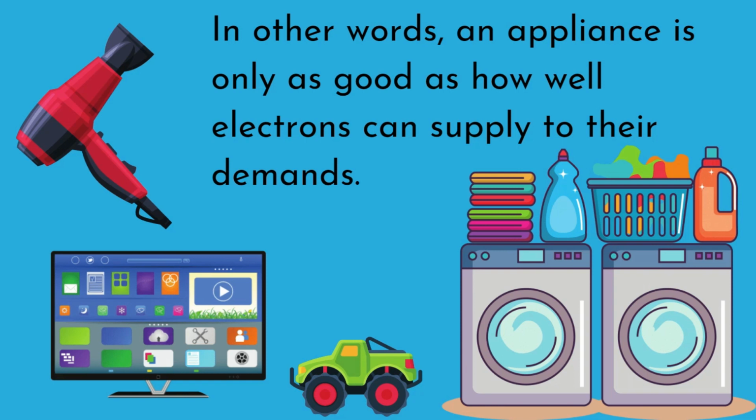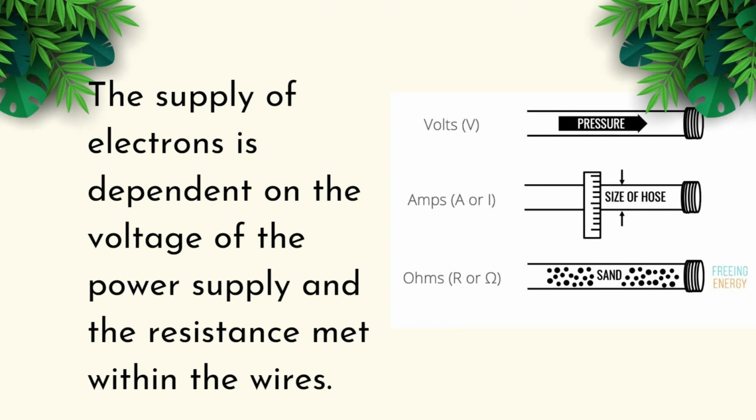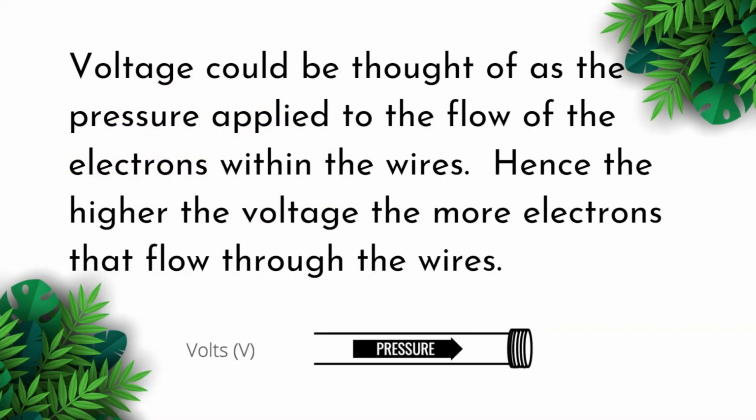In other words, an appliance is only as good as how well electrons can supply to their demands. The supply of electrons is dependent on the voltage of the power supply and the resistance met within the wires. Voltage could be thought of as the pressure applied to the flow of the electrons within the wires. Hence, the higher the voltage, the more electrons that flow through the wires.